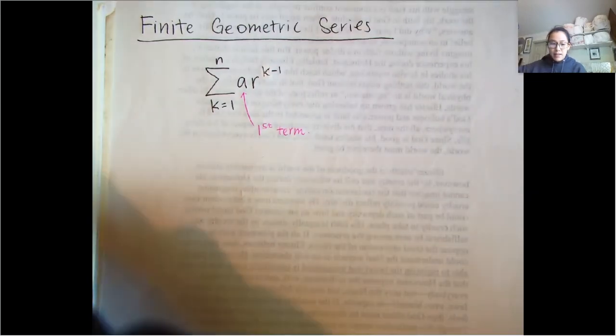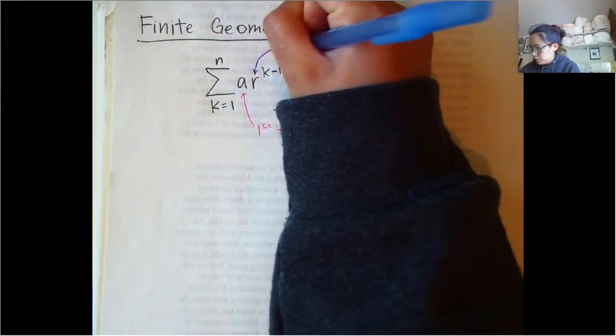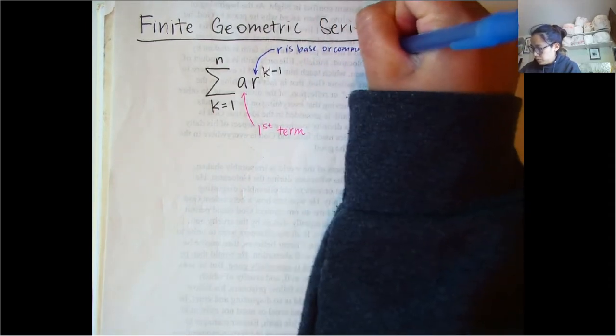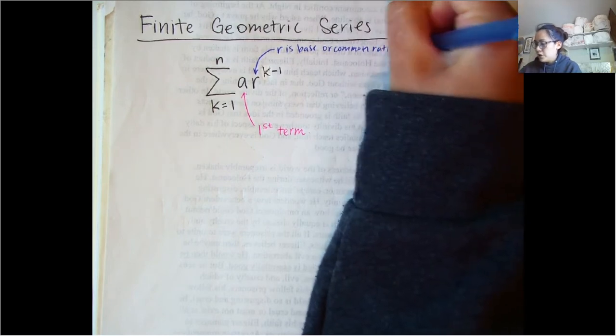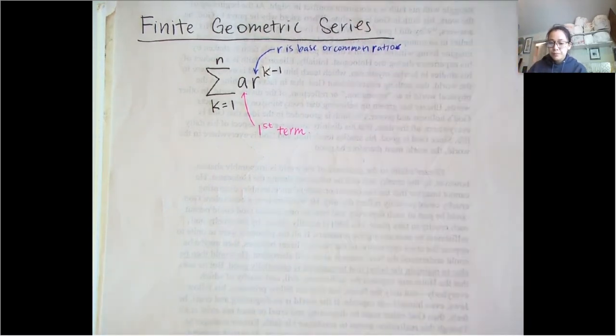R is your base or common ratio. R generally is for ratio, so r for common ratio.